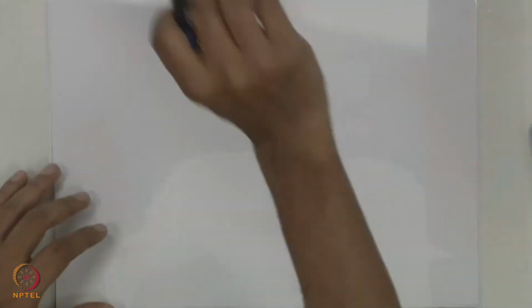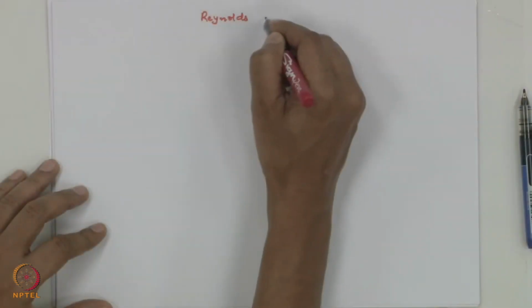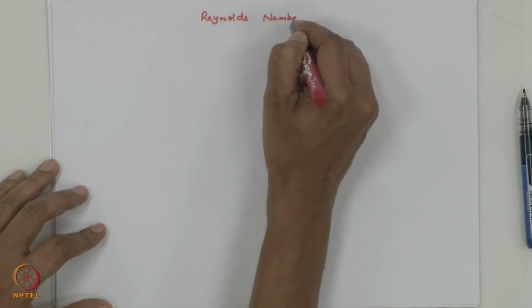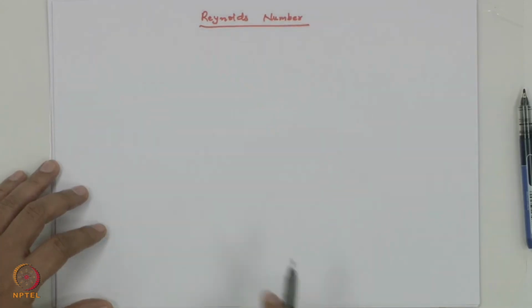Now let us find out what is the Reynolds number, because that's what has to characterize whether my flow is laminar or wavy or turbulent.